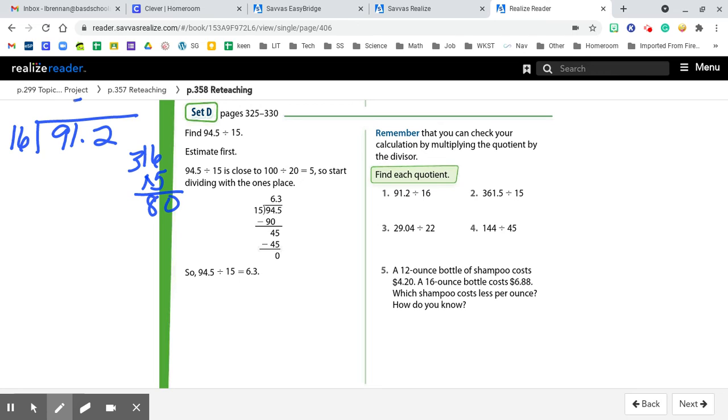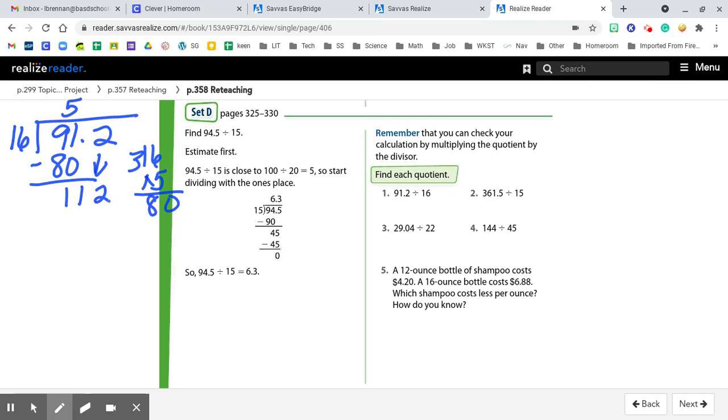Yep, that'll work. And why did I do that? Because I'm thinking that 16 times 10 is 160. Half of that is 80. That's a good place to start. Bring down the 2. Again, 16 times 10 is 160. 16 times 5 is 80. So I know it's going to be somewhere in between there.